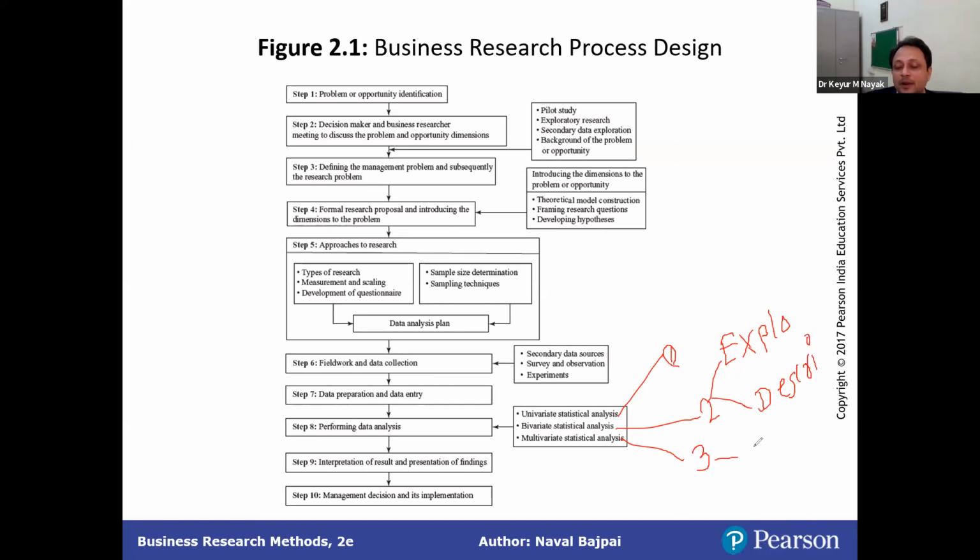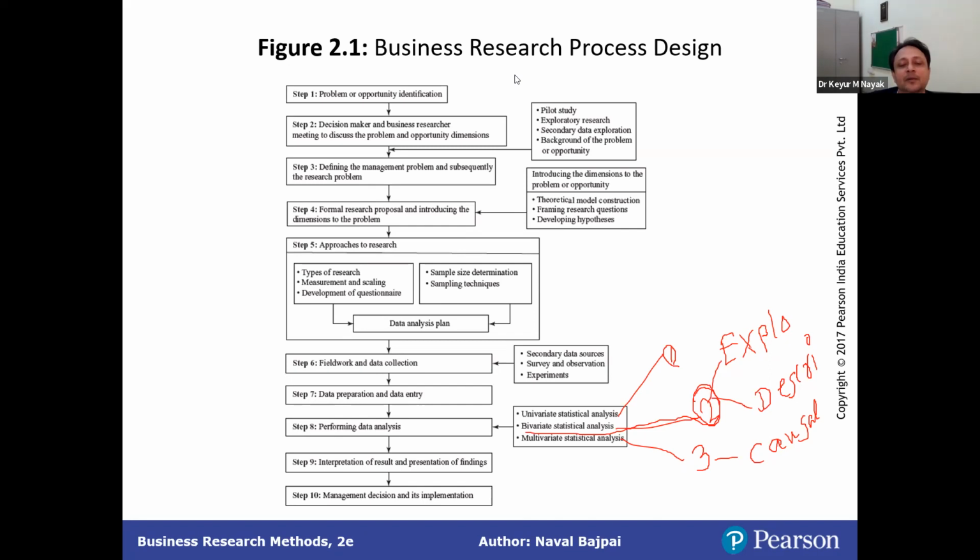And here you can apply causal research design. Are you getting my point? So with bivariate data, how many type of research design you can apply?